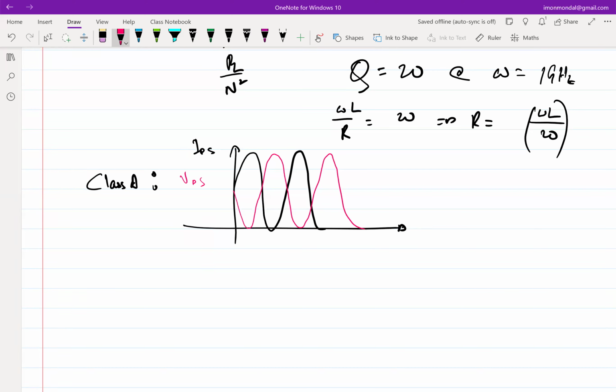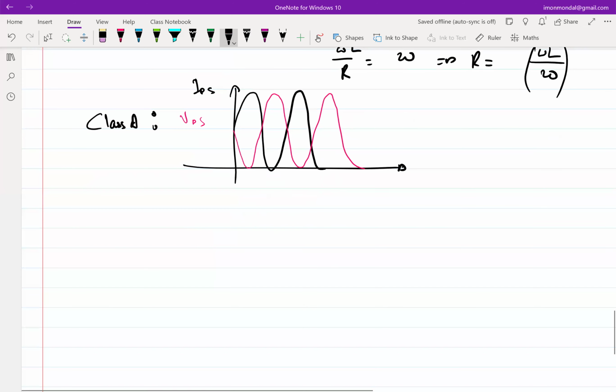The product of this, you get as a loss, right? So the product of this would look like this, not drawn to scale, obviously.